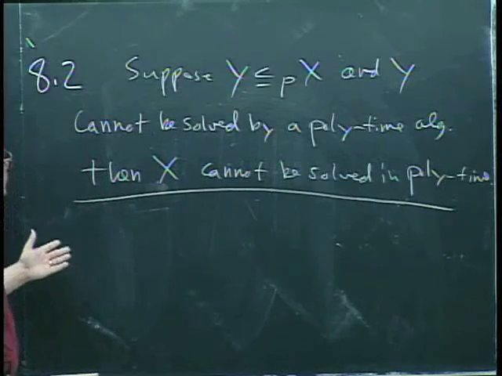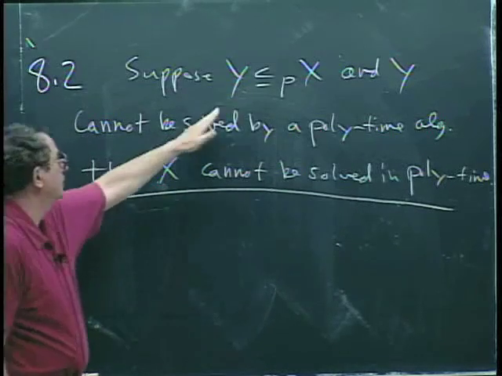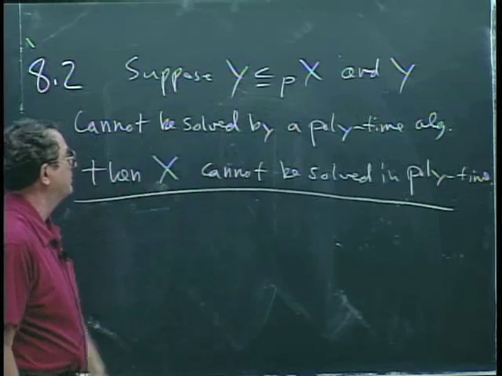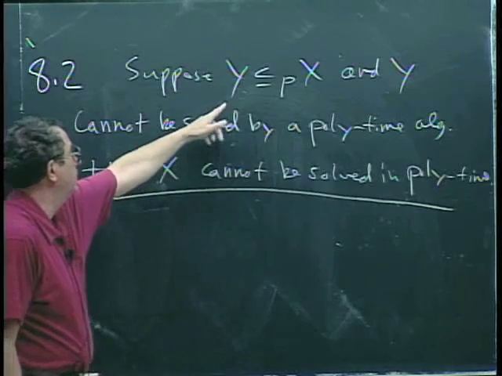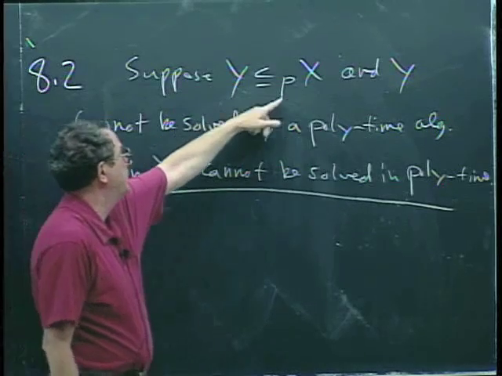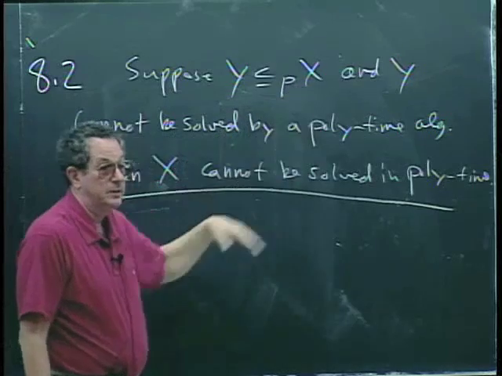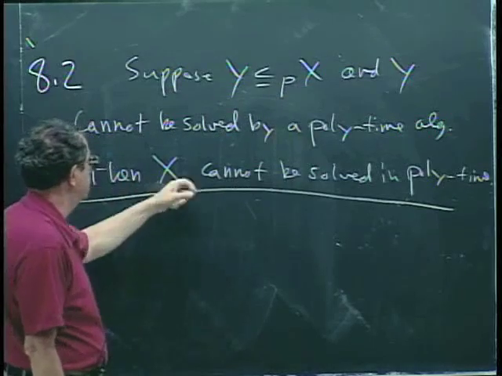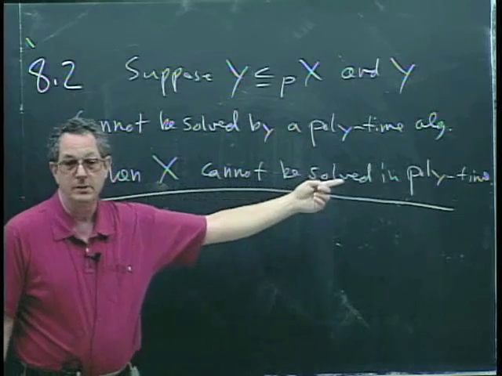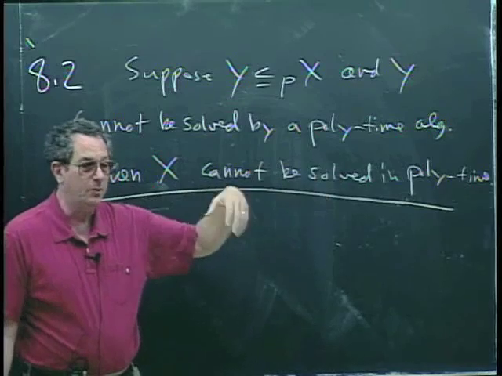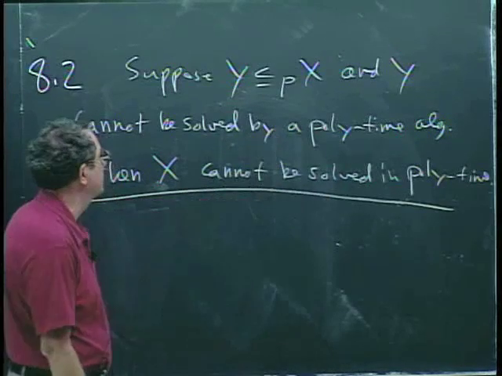So if somehow we're able to establish that y just cannot be solved in polynomial time, and we can establish that y is polynomial time reducible to x, then we get that additional conclusion that x cannot be solved in polynomial time. And we can build up a whole series of these implications.